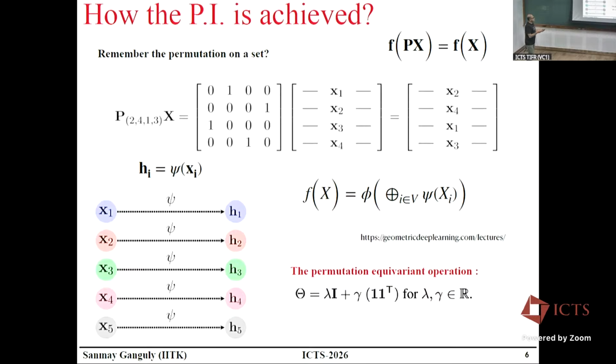The proposal was to write down a function in this way: the x_i's are elements of a set, you act a nonlinear function on each, and then perform a permutation invariant operation. This can be a product, this can be a sum, and then pass it through another layer. This is what is called deep sets in the language of machine learning. It is a permutation invariant operation on sets.